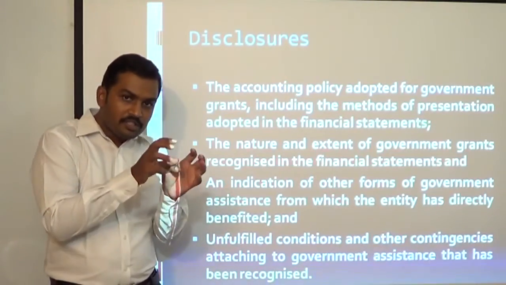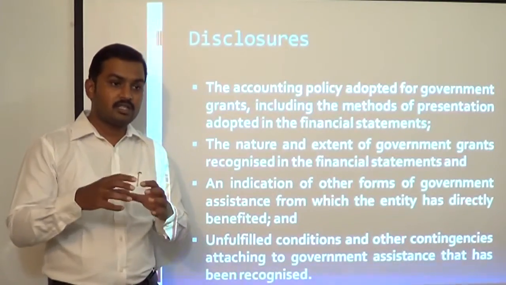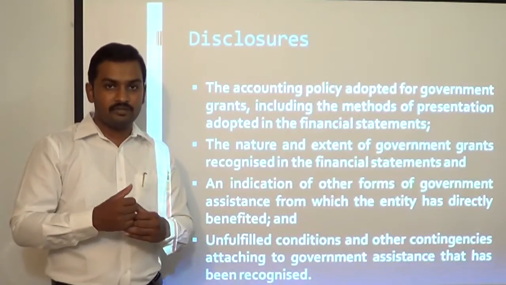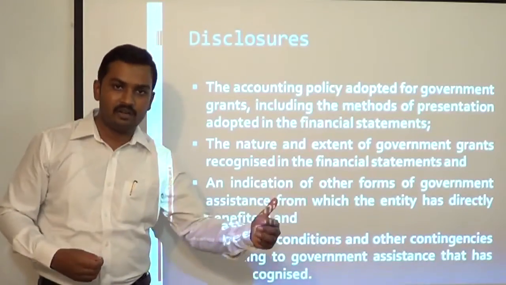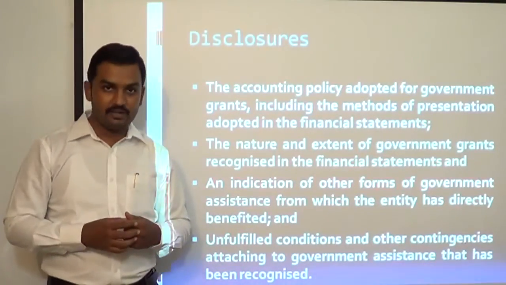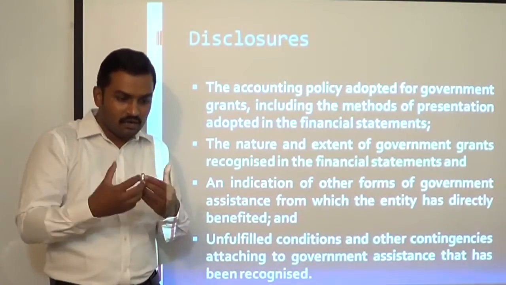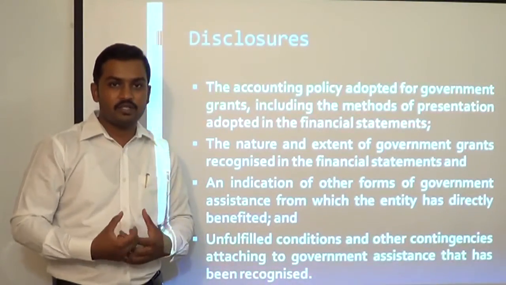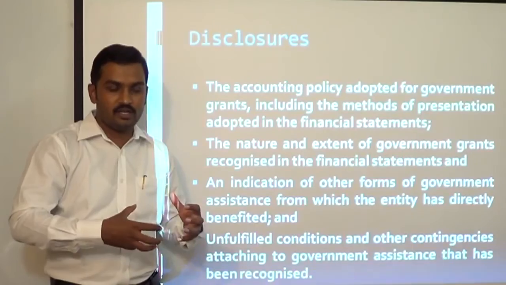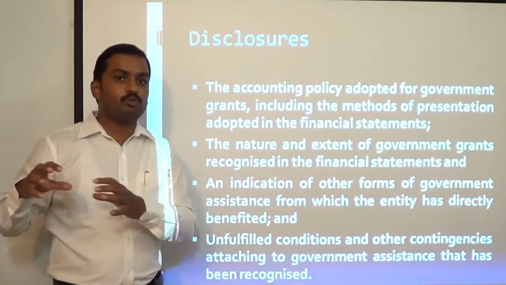The benefits cannot be measured and recognized as government grant. In such cases, you have to disclose that we have got certain benefits by dealing with the government, or because of technical advice, marketing advice, or government guarantees given. So you have to disclose that fact that government has given us some free technical advice, or some marketing advice, government has stood guarantee for us. So that information has to be disclosed.